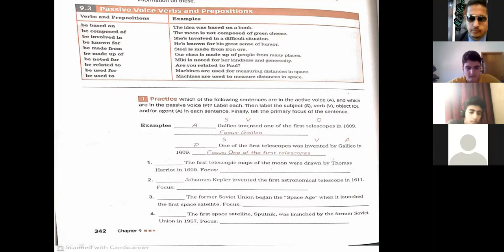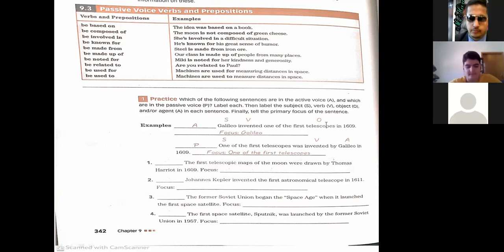Subject, verb, and object. The subject, as we said, is Galileo, the verb invented, and the object that we have here, one of the first telescopes. It's focused on what? The subject. Who is the subject? Galileo.